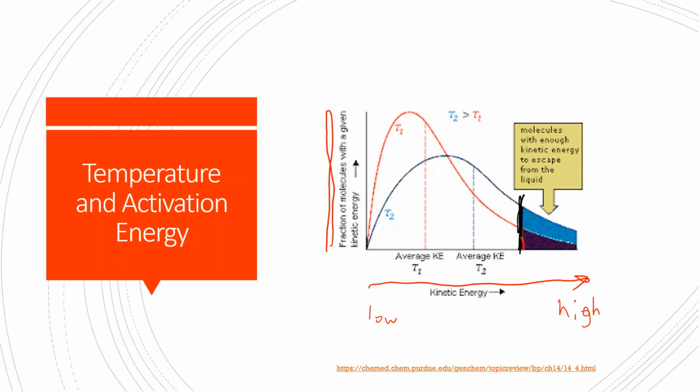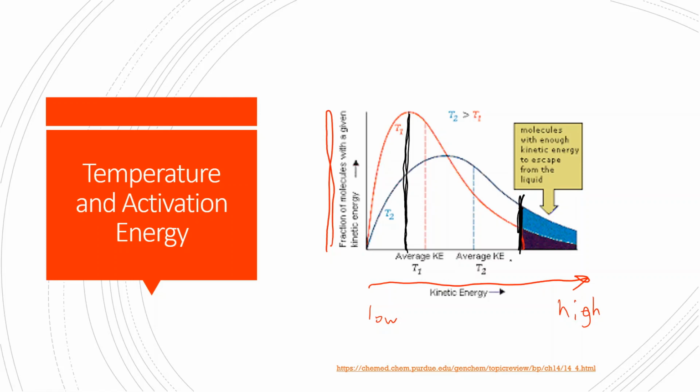Now, I want you to think about the area under either one of these curves as being equal to a particular number of particles. So, for example, for T1, we can see that right here, a much larger area exists with low kinetic energies for T1 than for T2. Which means that for T2, on average, the particles have higher kinetic energy because the area under the curve at higher kinetic energies is larger for T2.